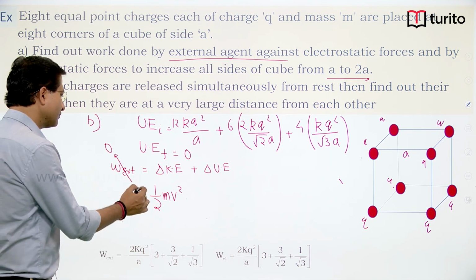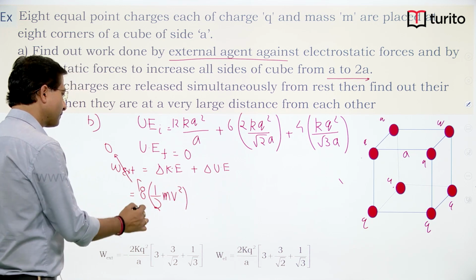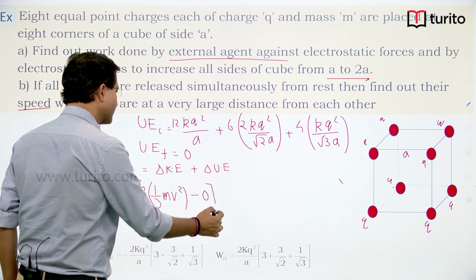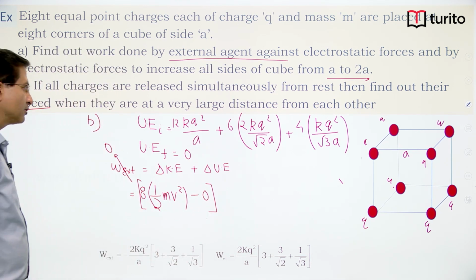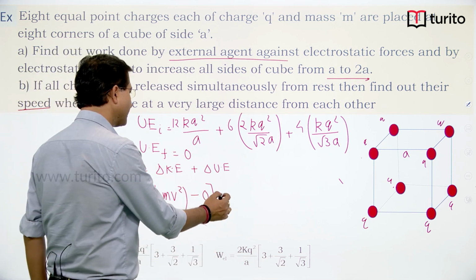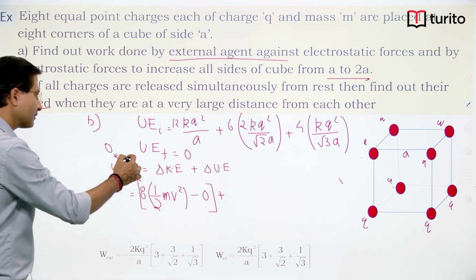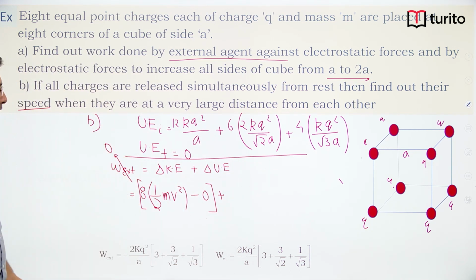So, total kinetic energy will be 8 times half m v square, kinetic energy final minus initial, initially they were released from rest, right, plus change in potential energy final minus initial, finally they will have potential energy 0, right. I have calculated all these values, now I will substitute it here.